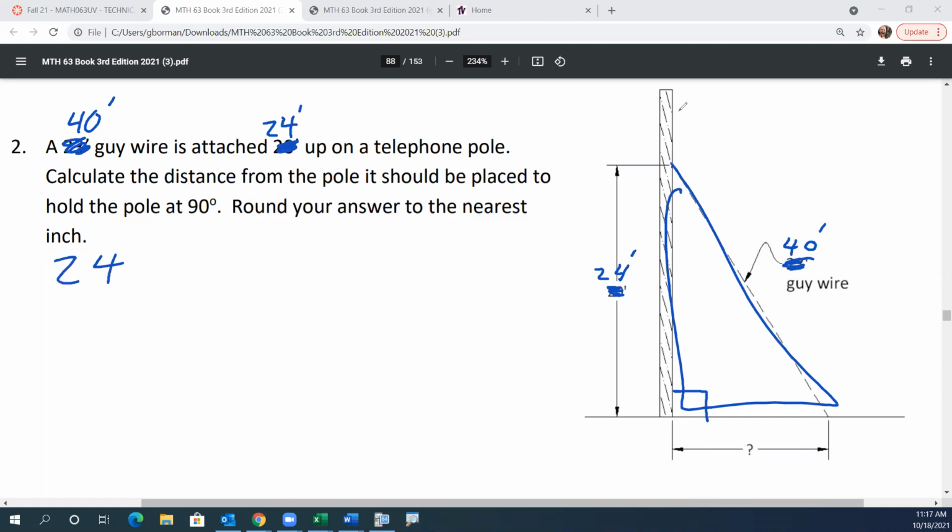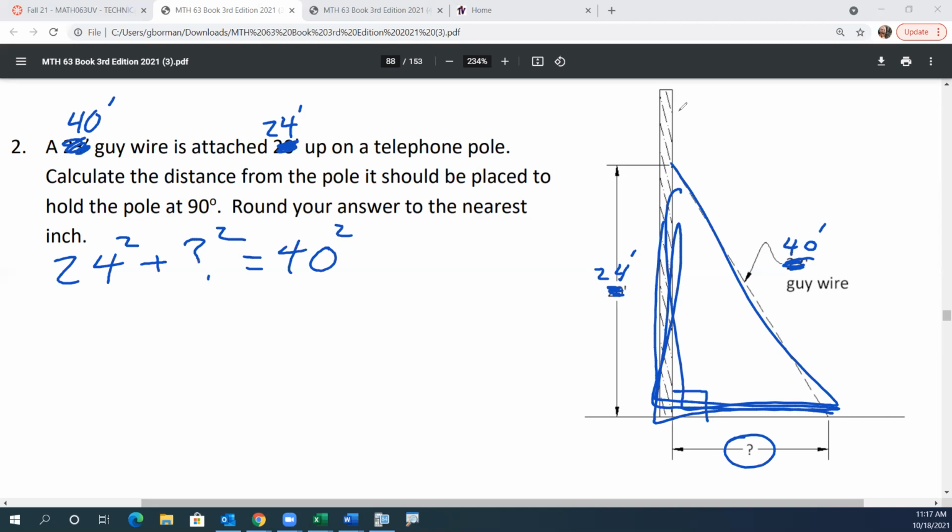And I'll go 24 squared plus something squared equals 40 squared. What I'm looking for is one of the legs, one of the two sides that form the 90-degree angle. Therefore, the question mark takes the place of either A or B. I chose B. It doesn't really matter.